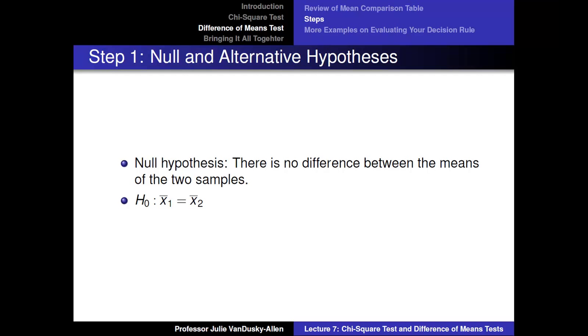Samples in this context is just another way to say two different categories of the independent variable. The formal way to write a null hypothesis is to write H subscript 0 colon x subscript 1 bar is equal to x subscript 2 bar, or the mean of sample 1 is equal to the mean of sample 2.